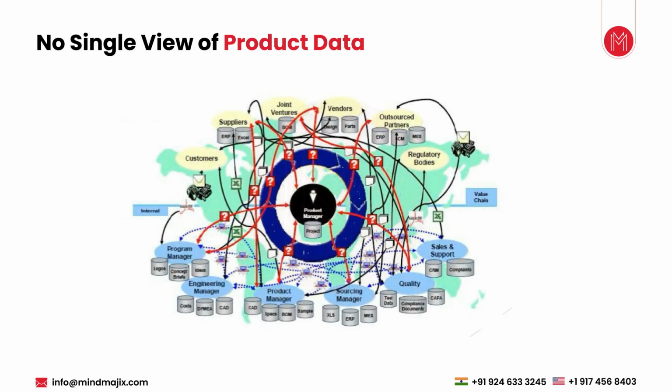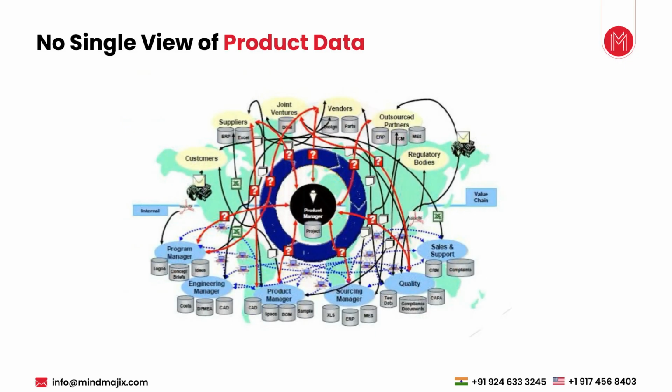Similarly, within the organization, there are program managers, relevant sub-engineering managers, product managers, sourcing managers, quality, and sales support. All these departments and external bodies are required to launch a product.